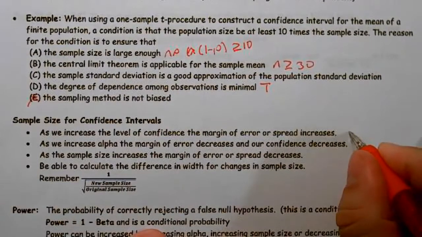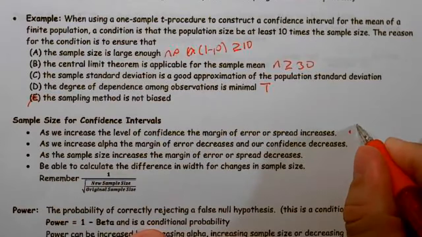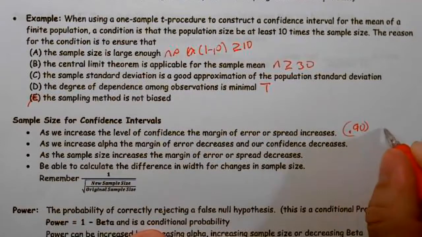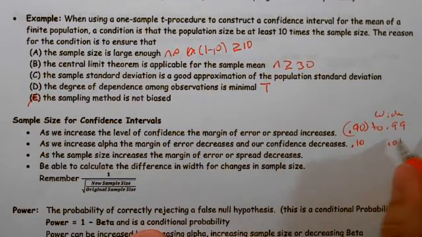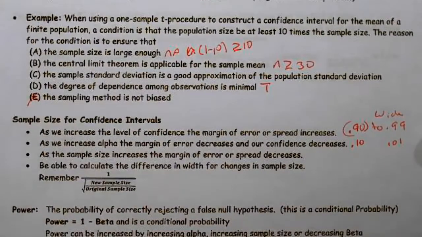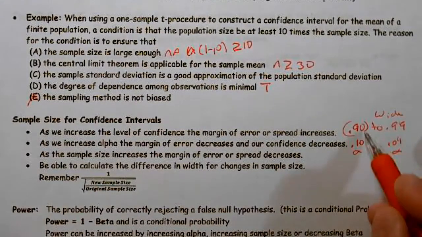If we went from 0.90 to 0.99, we got wider. Well, this means my alpha was 0.1 here and my alpha is 0.01 here. My confidence level is tied directly to my alpha and vice versa.